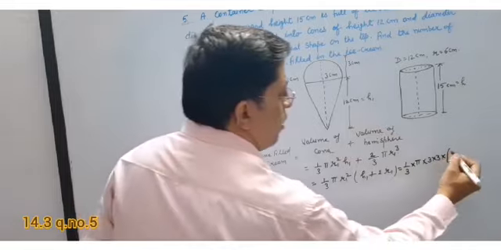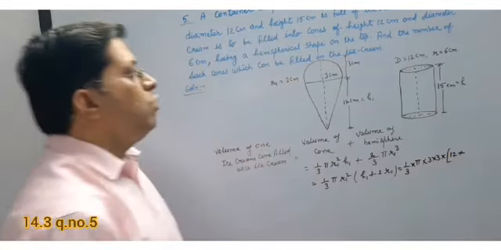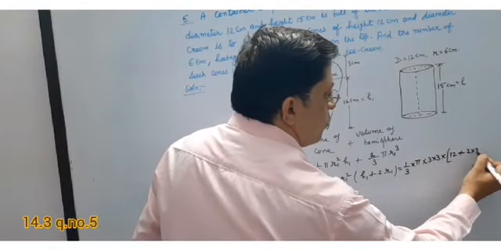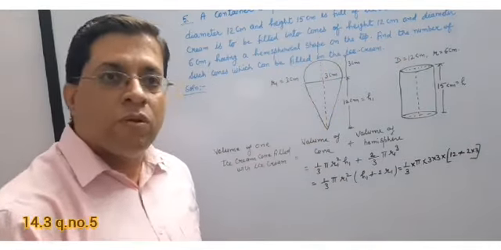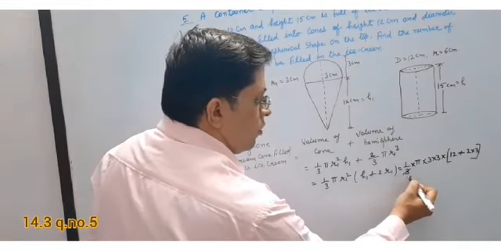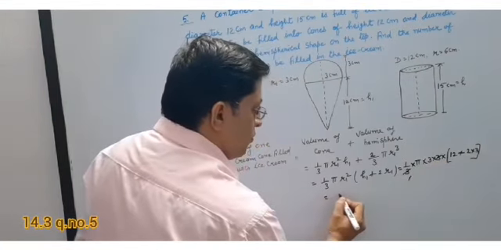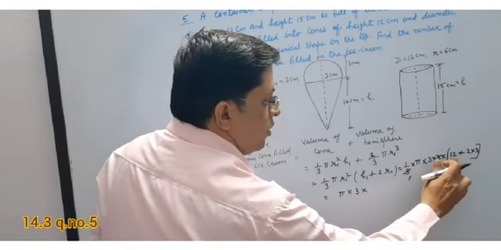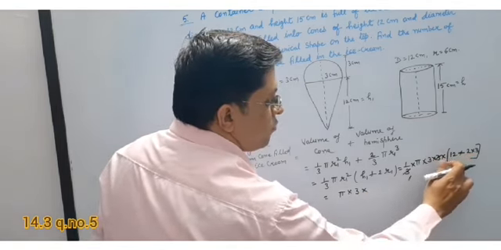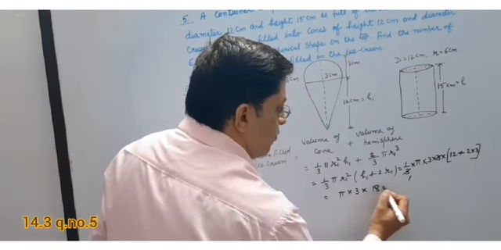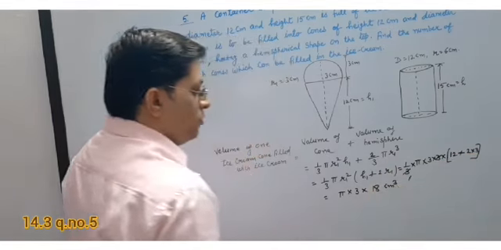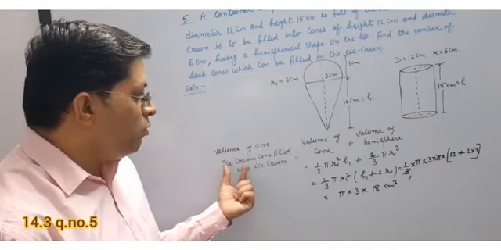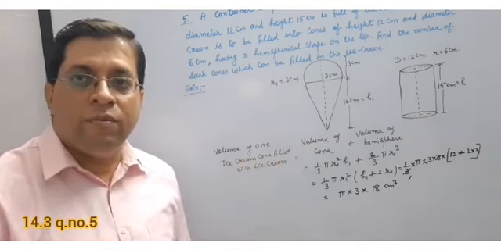What is h1? 12 plus 2r1, r1 is 3, so 2 into 3. Then 3 and 3 cut, this is pi into 3 times what remains: 12 plus 2 threes are 6, 12 plus 6 is 18 centimeter cube. This is the volume of one ice cream cone filled with ice cream.